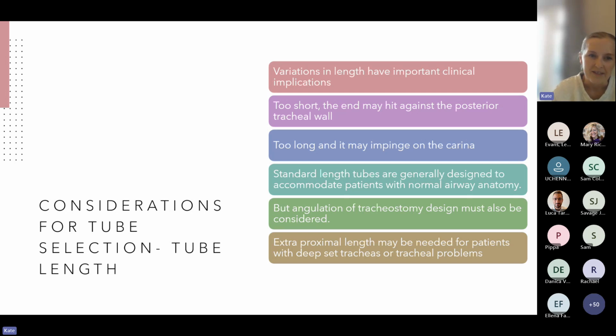But it may be that you need to look at other tracheostomies that provide extra proximal length. These are normally for patients that either have a deep set trachea, so those that have a large neck, goitres, a neck mass that's in the way, or patients that have tracheal problems, such as tracheal stenosis, who should potentially be considered for an extra proximal length tracheostomy.